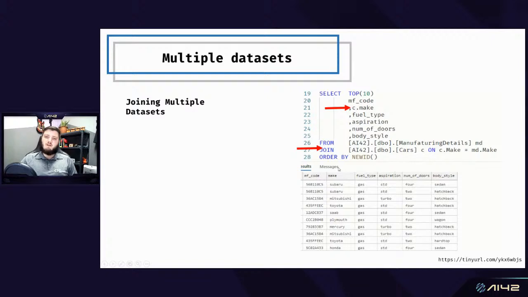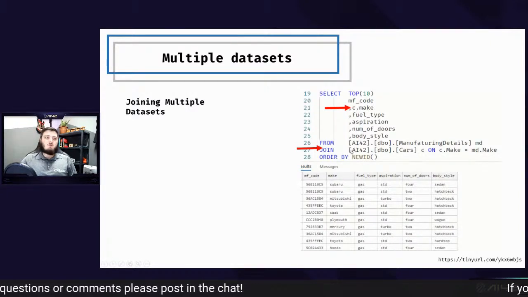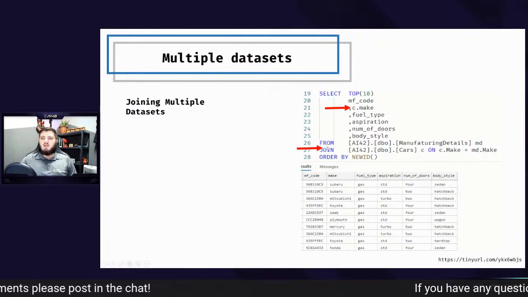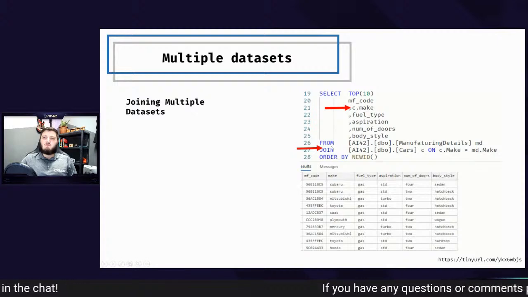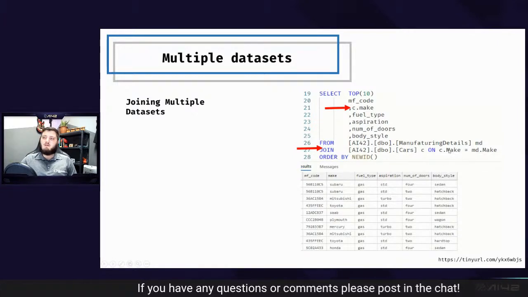To do that, I know I have a common key between both, and that's the make. So I have a make column in both of these data sets. And for this scenario specifically, I need that manufacturing code. So if I have vehicles that do not have a manufacturing code, I do not want them to be returned. So what I'm doing now is telling SQL to join these two data sets together on the make.